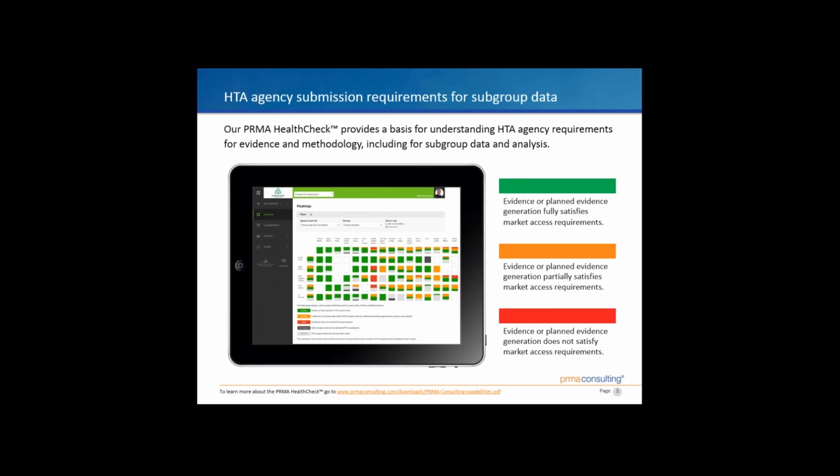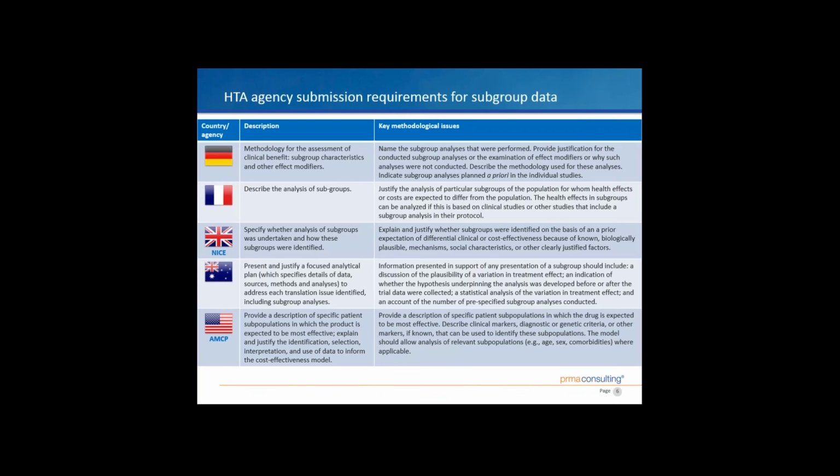And the basis of what we're going to take you through today comes out of this HTA health check tool that we've developed. This is basically the items and requirements and questions from multiple HTA agencies. We've been able to pull all those together and aggregate them to identify key vulnerabilities and opportunities for a product in development.